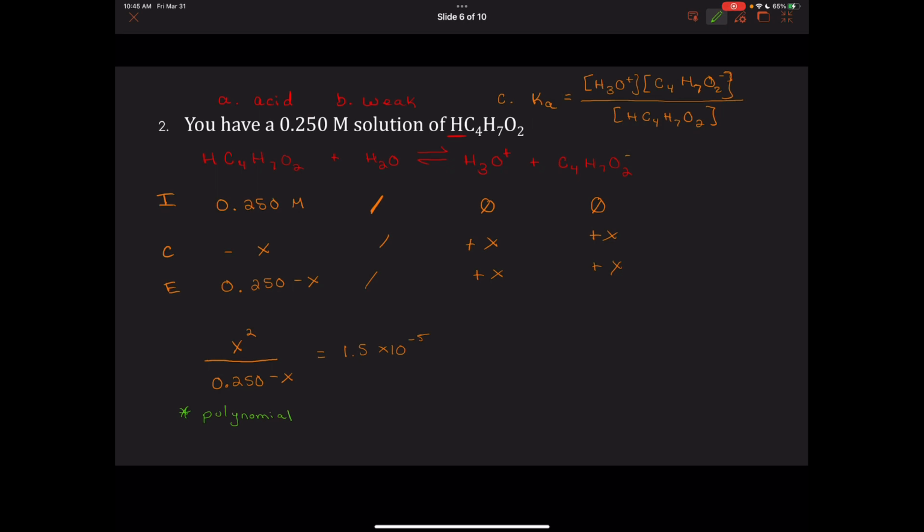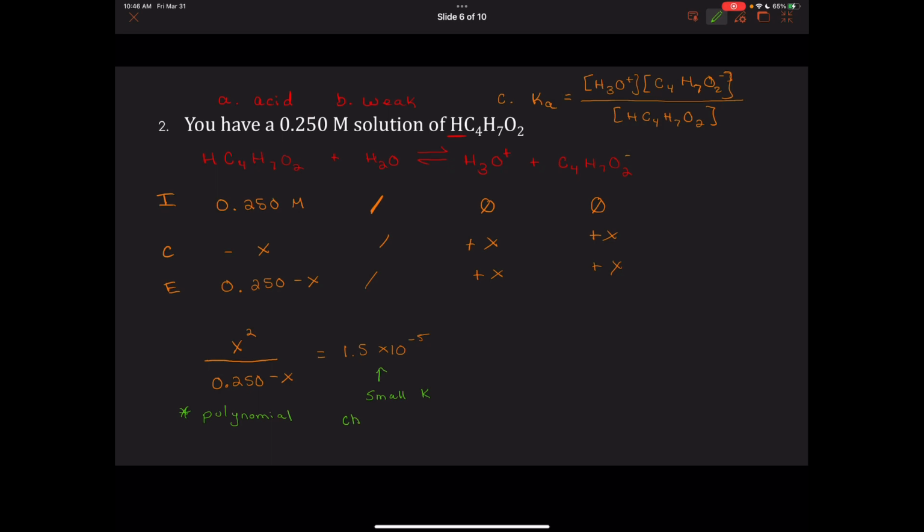Notice that my K is a small k. When K is small, remember what that means conceptually. It means that our equilibrium favors the reactants. We're going to use very little of those reactants. We're going to form very little product. When K is small, it's a possibility that X might be negligible. When we say X is negligible, it doesn't mean it doesn't have a value.